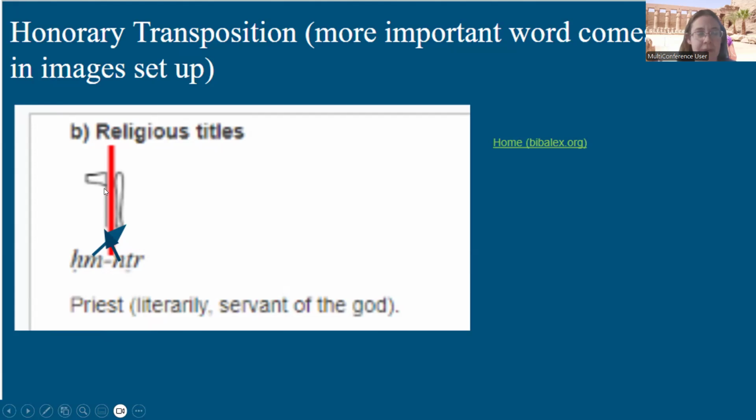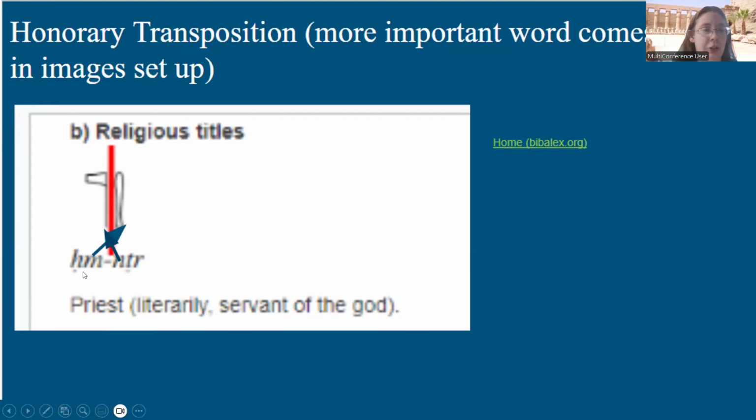it's flipped. So the image that comes first is the netjer, the word for god, because god is more important in this context than the word for servant, which is hem, which is that image here. So this is a good illustration of honorific transposition, and one that, particularly if you look at objects, you will most likely see more than once.